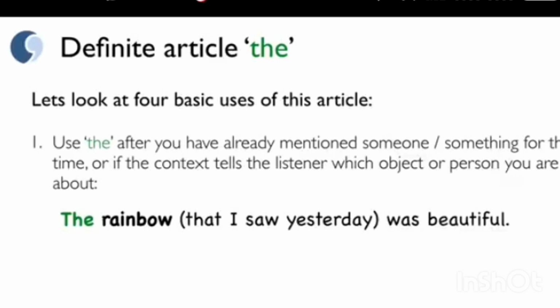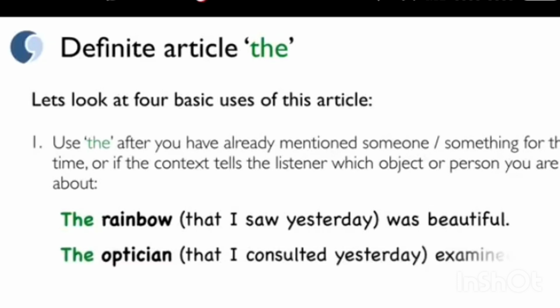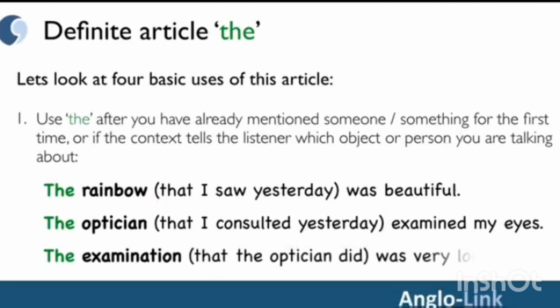You're talking about the rainbow that you saw yesterday. The optician examined my eyes. You're talking about the optician that you consulted yesterday. The examination was very long, referring to the examination that the optician did.